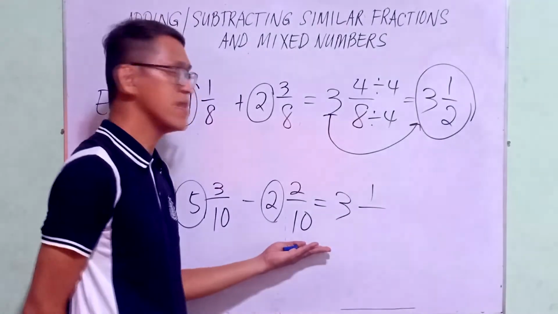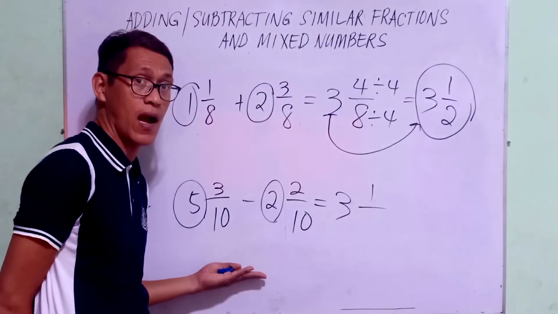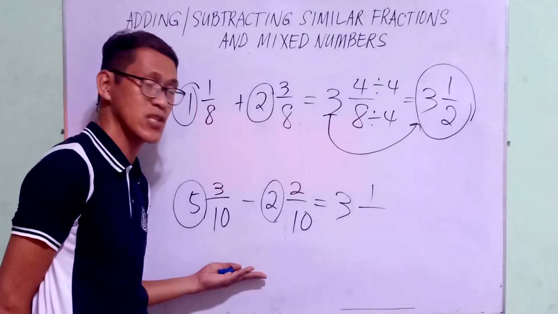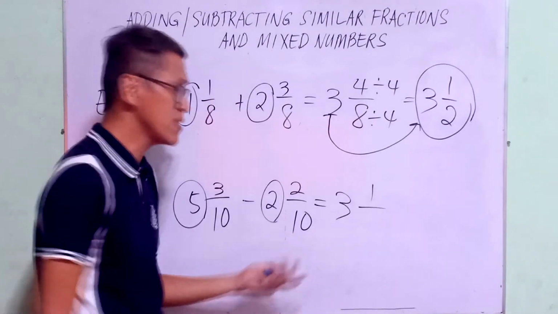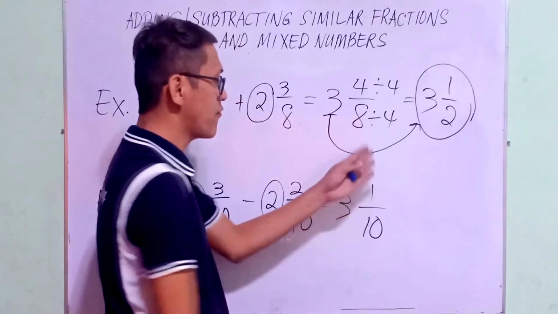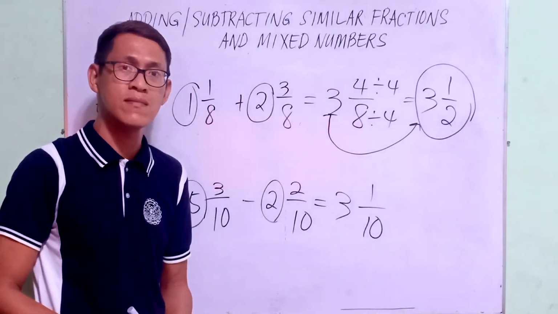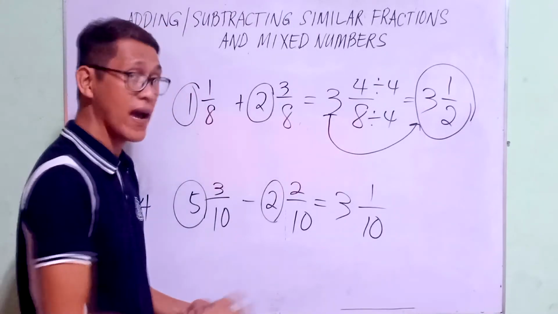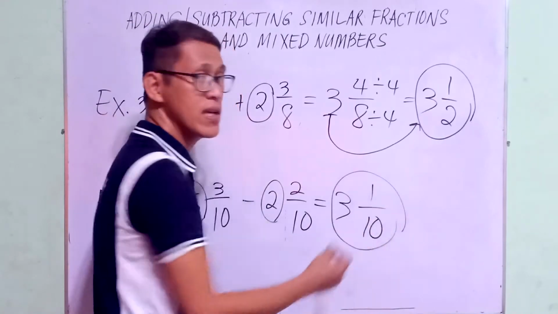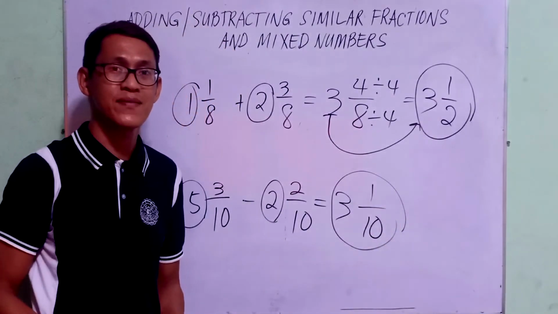Correct. Again, never subtract the denominators. So what will you do? Just copy 10. Then check if the fraction is in lowest term. Is 1/10 in lowest term already? Yes. So our final answer is 3 1/10.